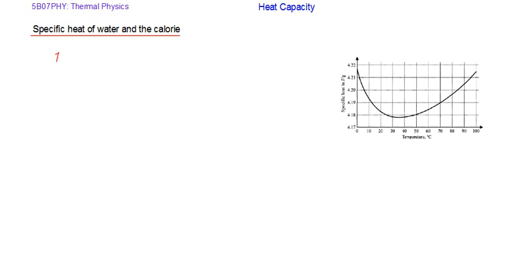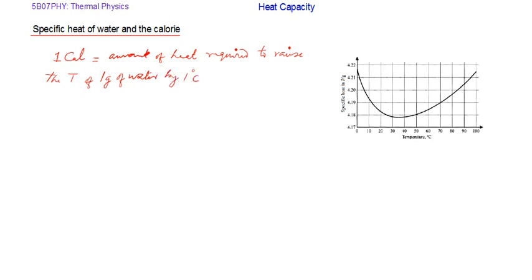So 1 calorie is equal to the amount of heat required to raise the temperature of 1 gram of water. So it is defined in terms of water, the common liquid, by 1 degree Celsius. That was the definition of 1 calorie.